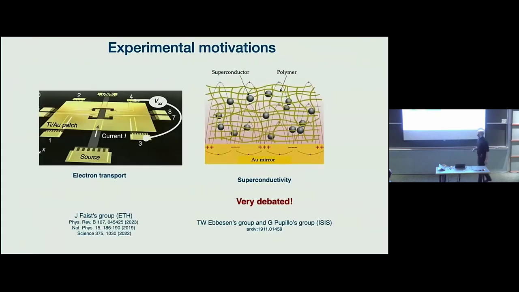And okay, let me give you some motivation why you want to go to strong coupling and to compressed light, because there are actually very interesting experiments going on, and we heard Jerome talking about electronic transport, but there is also this mysterious work that is still on archive after 7 years now, that is very debated about whether or not you can use plasmon to alter superconductivity.